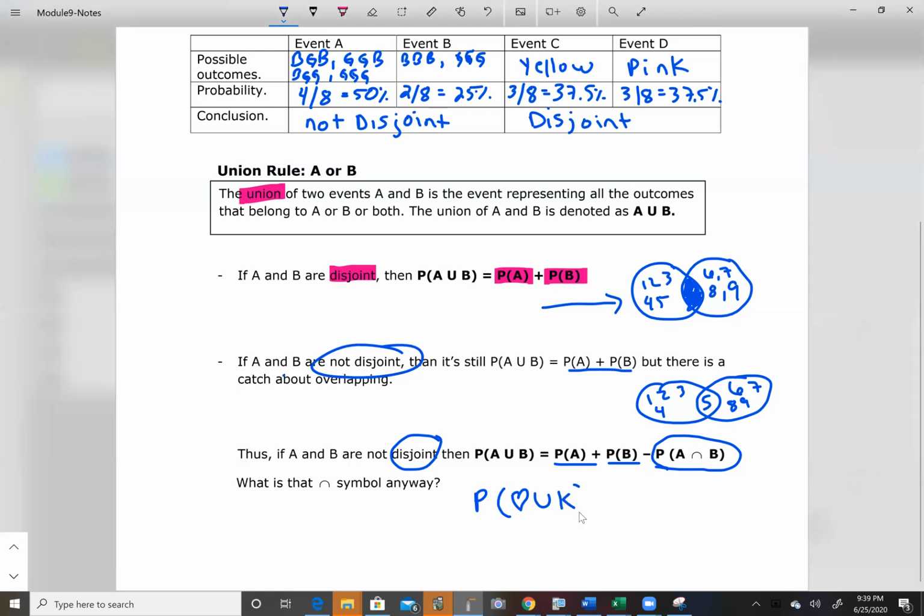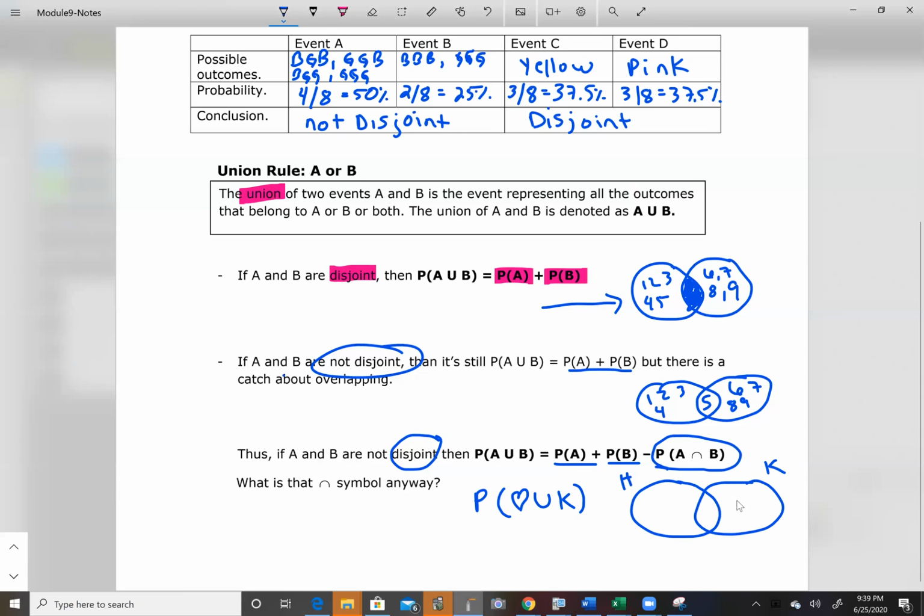What's the probability of pulling a heart or a king? And then we have our Venn diagram, right? One circle would be hearts and one circle would be kings.